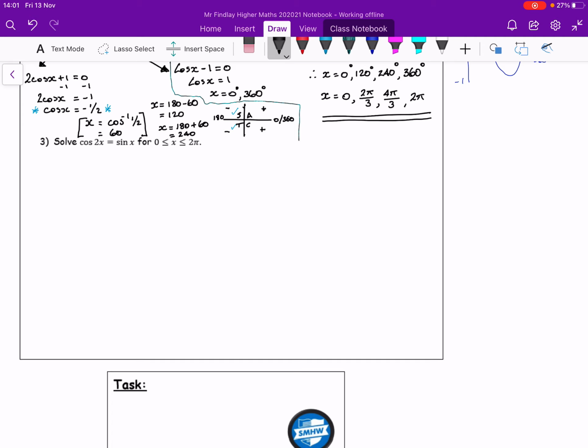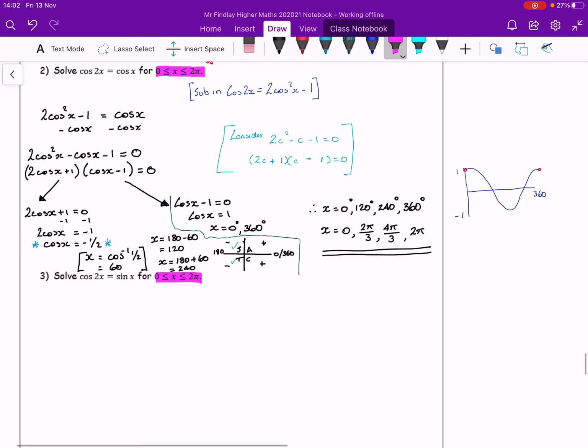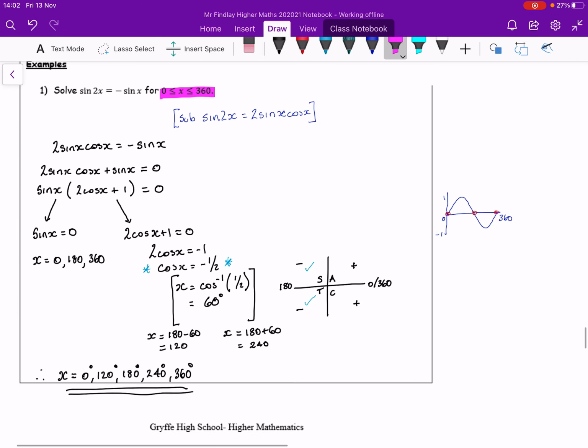Okay, next one. Again, we've got cos 2x within our trig equation. Again, what we're looking for is a solution in radians, up to 2 pi, so up to 360 degrees. But this time we've got cos 2x and we've got sin x. So looking up to our formula to use.